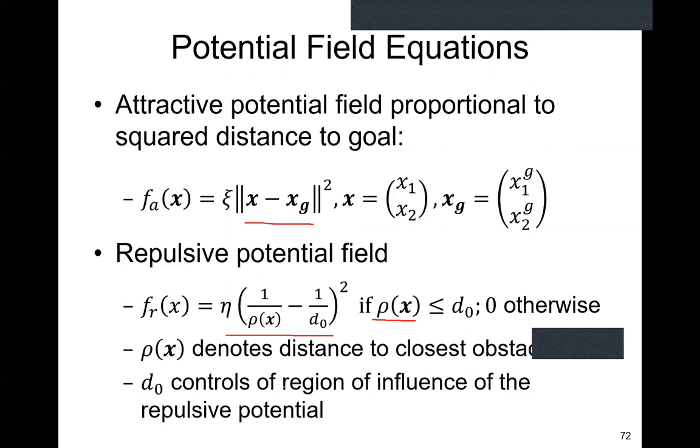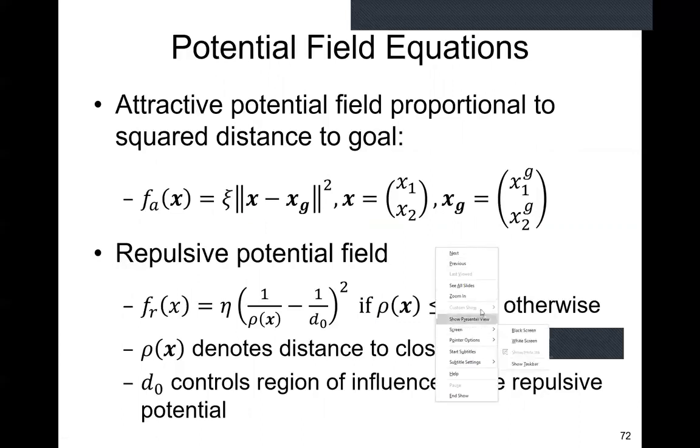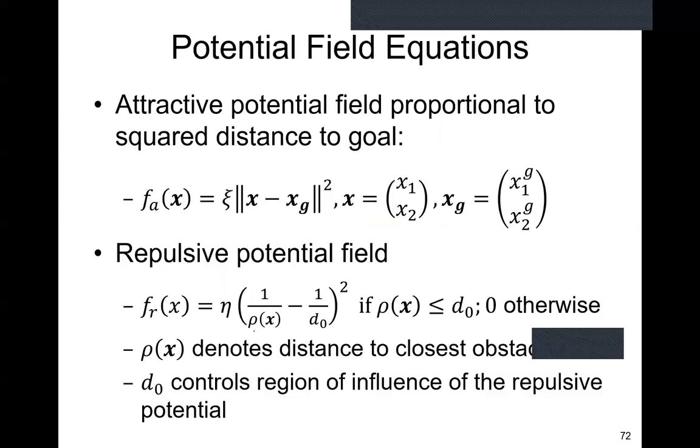So d0 controls the region of influence of the repulsive potential. You can see that if it's exactly equal to d0, then it's 0. If rho goes to 0, it goes to infinity. But in reality, you put a cap, an upper bound, on it.